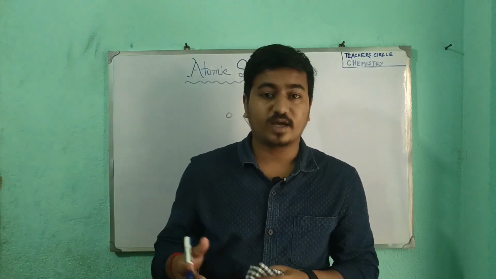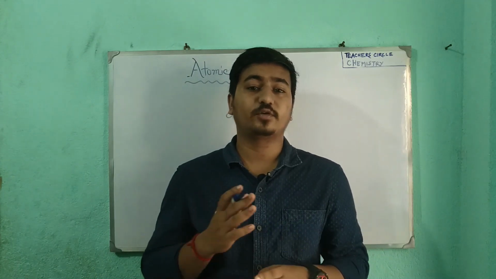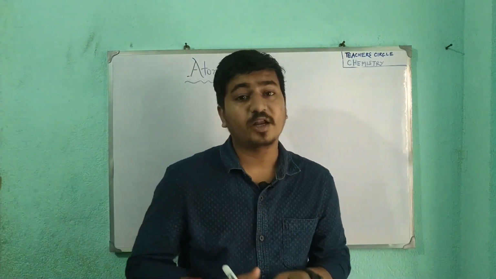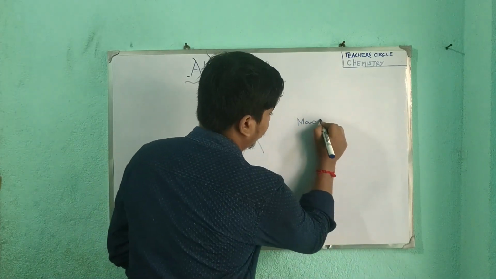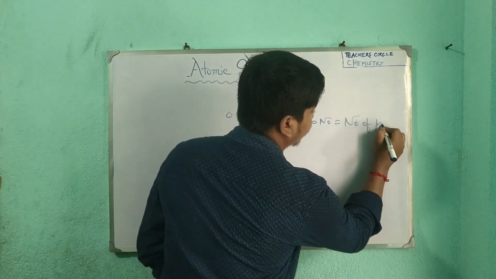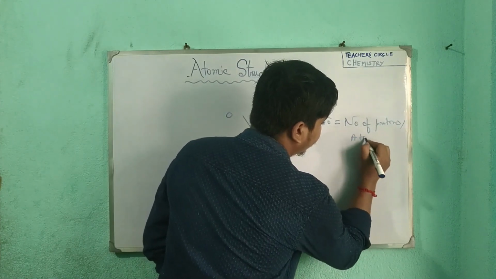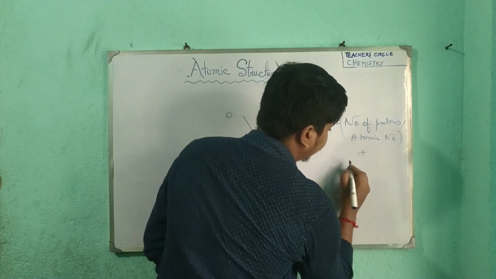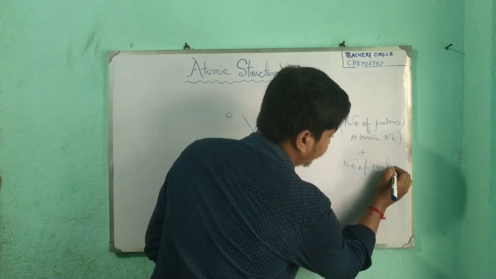For an atomic number, I have told you earlier that it is equal to the number of protons or the number of electrons. But the mass number will be equal to the atomic number plus the number of neutrons. Mass number is equal to the number of protons or atomic number plus the number of neutrons.